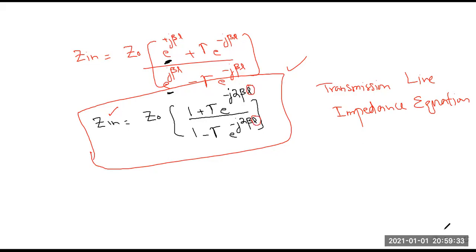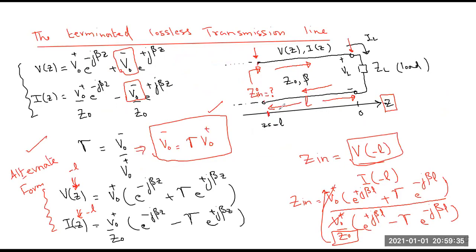So with respect to this figure, L means whether I'm interested in finding impedance at this point, so you will put this value of L. If I'm interested in finding out how much is the impedance at this point, you need to find out how much is this L. Once you know this L, you will be able to find out the impedance.